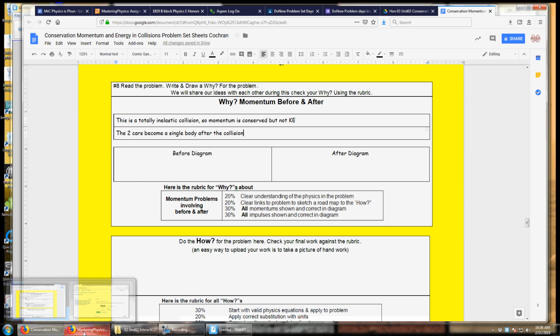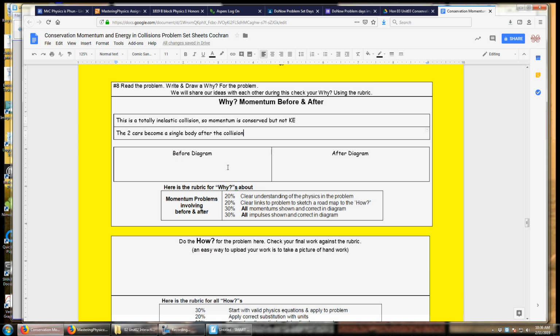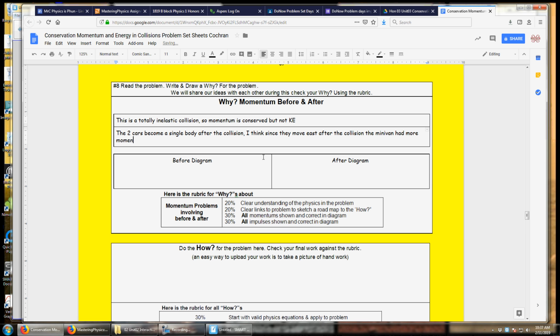Let's see if there's anything else that's in there. They move east afterwards. I'm going to take a guess, but I think since they move east after the collision, the minivan had more momentum than the car.